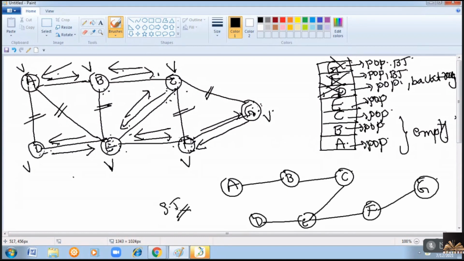Is it clear now? Have you all understood this?